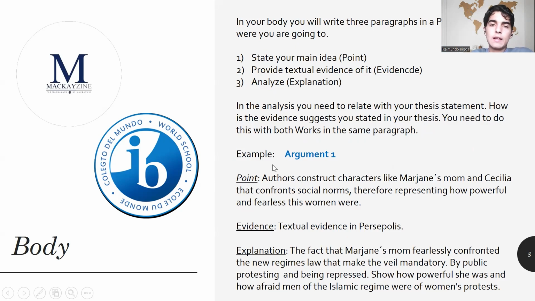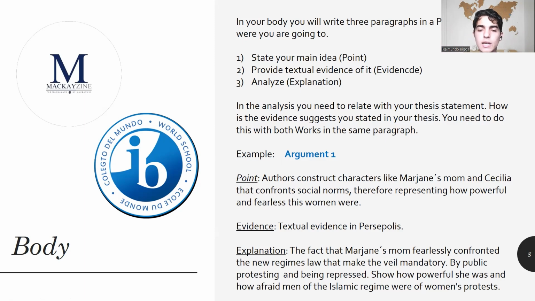Well, the point. Authors construct characters like Marjan's mom and Cecilia Tallis that confront social norms, therefore representing how powerful and fearless these women are. So here I'm just providing the main idea of my argument for both novels. Then I'm going to provide the textual evidence.